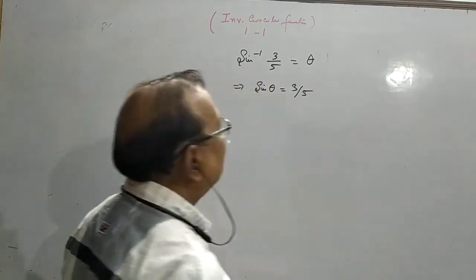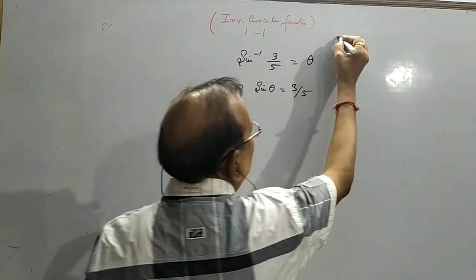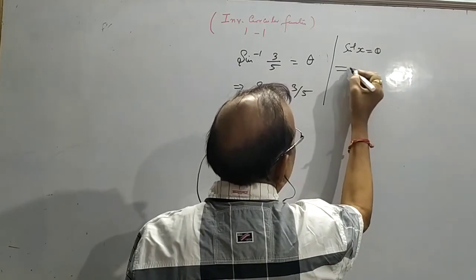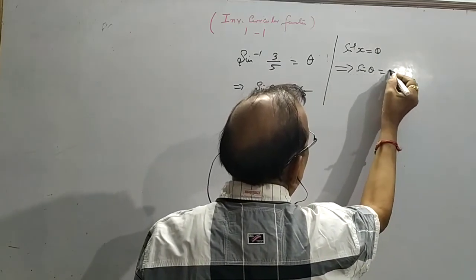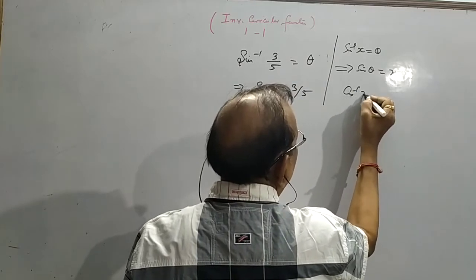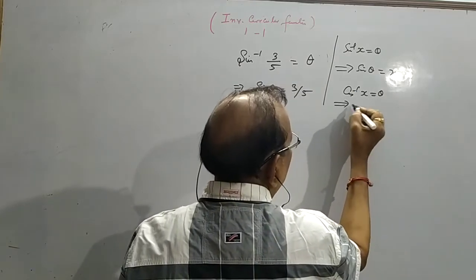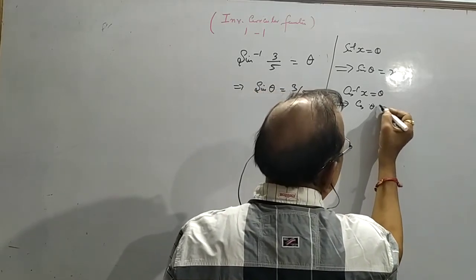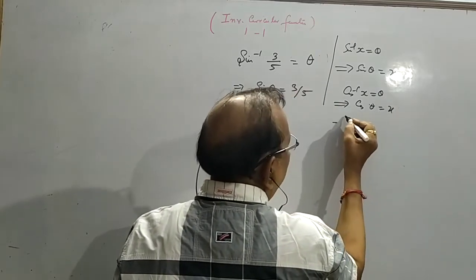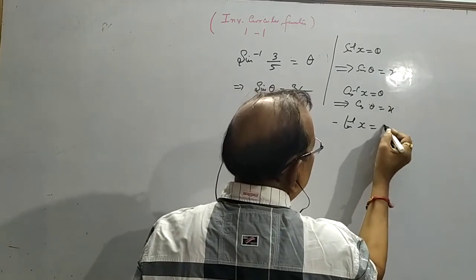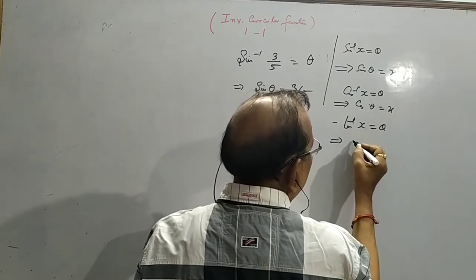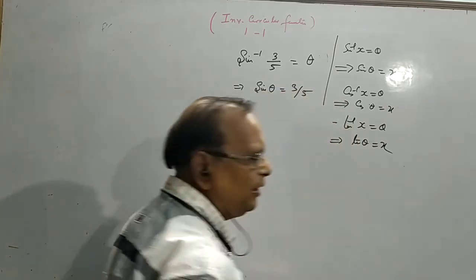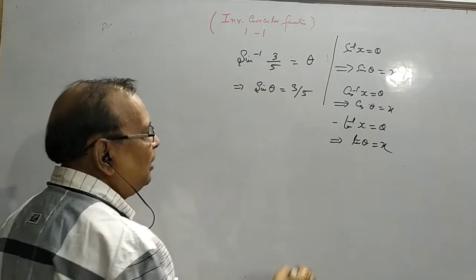Remember that sine inverse x is equal to theta always implies sine theta is equal to x. Cos inverse x is equal to theta implies cos theta is equal to x. Tan inverse x is equal to theta implies tan theta is equal to x. Whenever given, similarly for others.